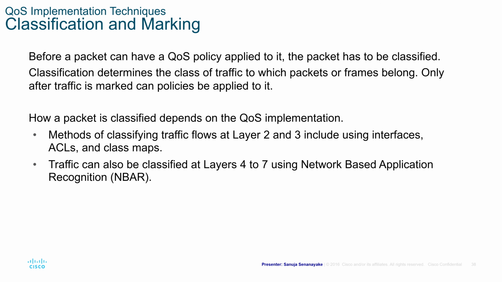Those are the options that you have for layer 2 and layer 3. Traffic can also be classified at layer 4 to layer 7 using network-based application recognition, known as NBAR. So layer 2 and layer 3 classification happens with interfaces, ACLs, and class maps, while layer 4 to layer 7 happens with NBAR.